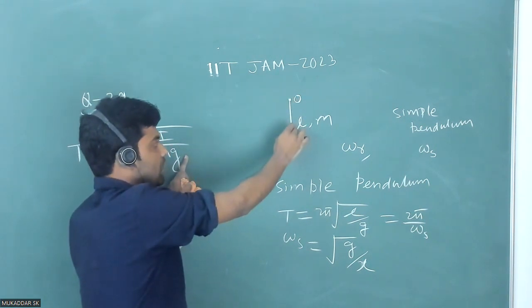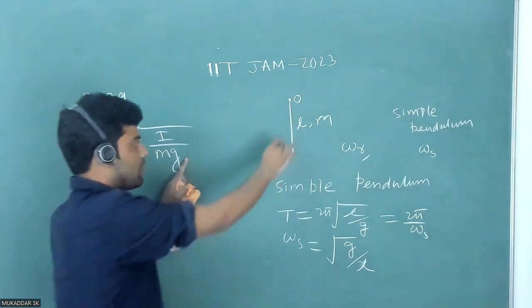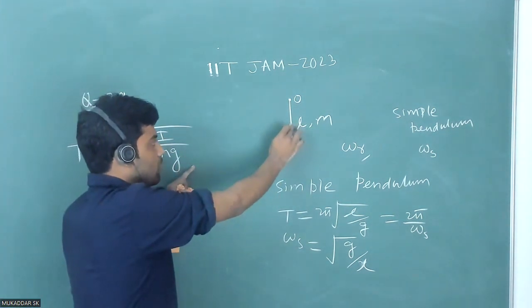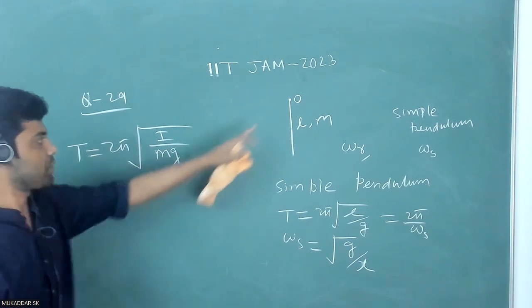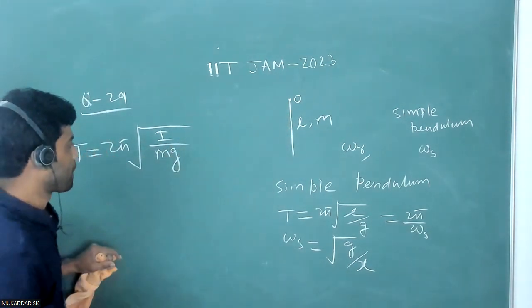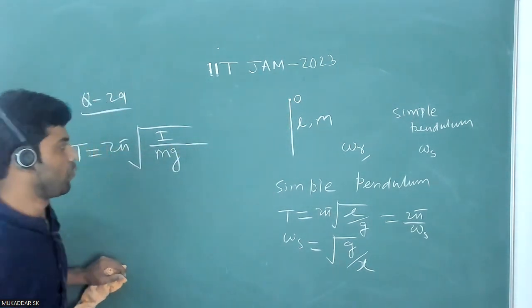So obviously you have a stick uniformly mass distributed, center of gravity will be at the middle, and the distance from the center to the point of suspension, that will be L by 2.